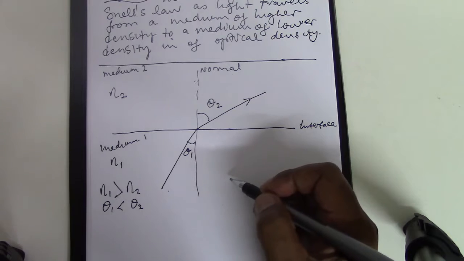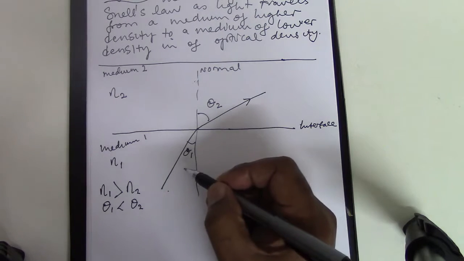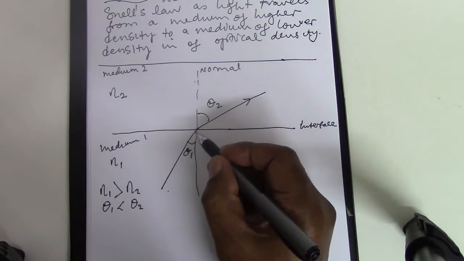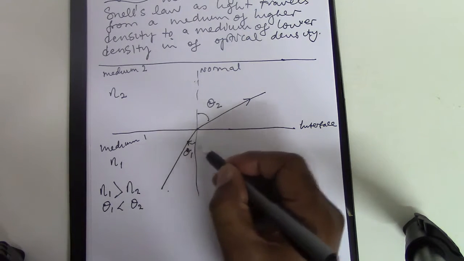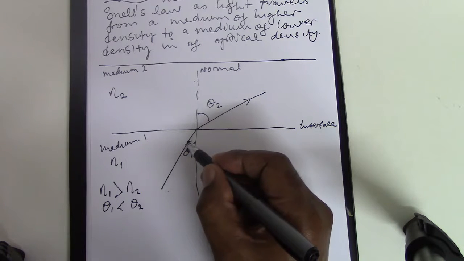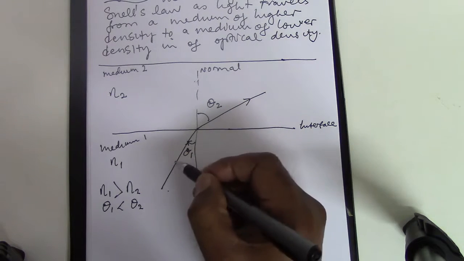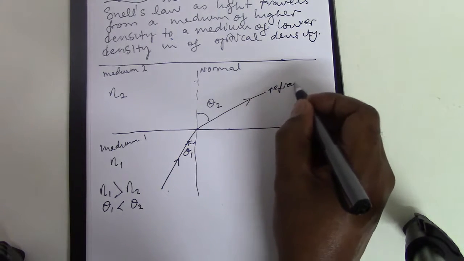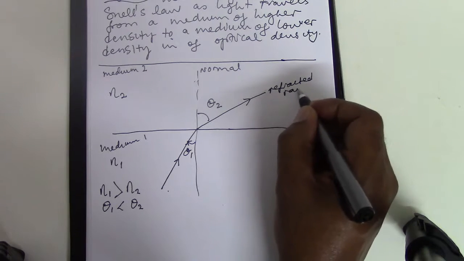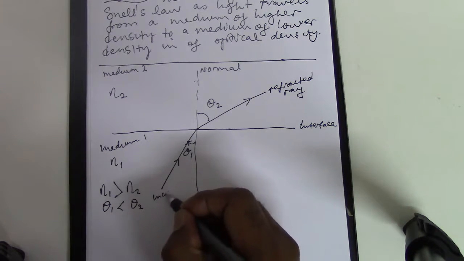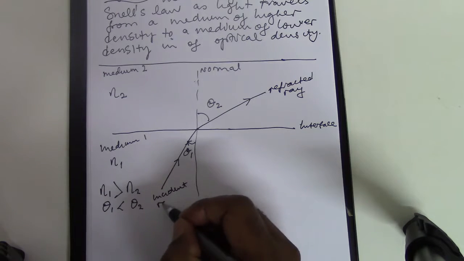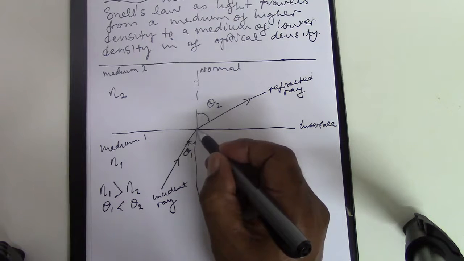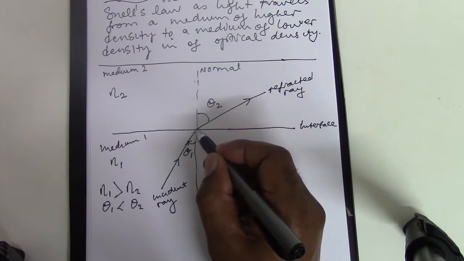Now, if we were to increase the angle of incidence, remember we measure from the normal to the incident ray, and this is our incident ray, this is our refracted ray. Now suppose we increase this angle of incidence.